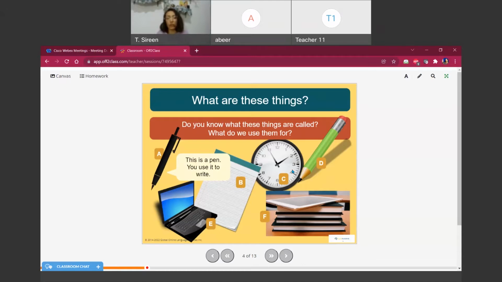Okay. D? Pencil. And why do we use it? What do we use it for? To write. And to erase. ولا نمحي شيئا ما مثلا. To erase. طيب E? The laptop? Laptop.